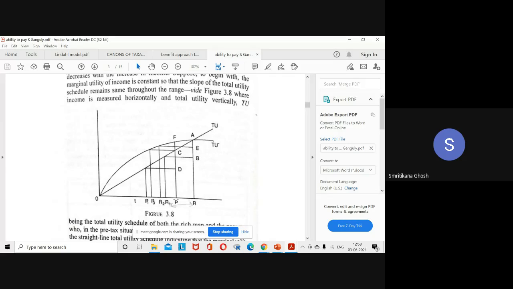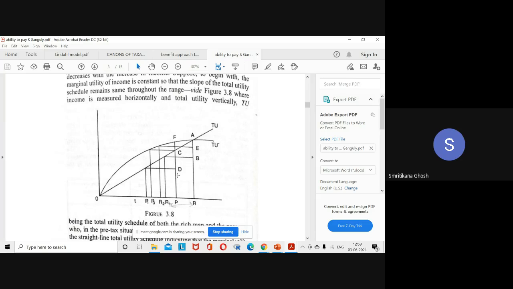Initially the utility of the poor is FP, and after paying the tax, the sacrifice by the poor is FD. From the diagram, you can understand FD is quite high compared to AB. FD is greater than AB.